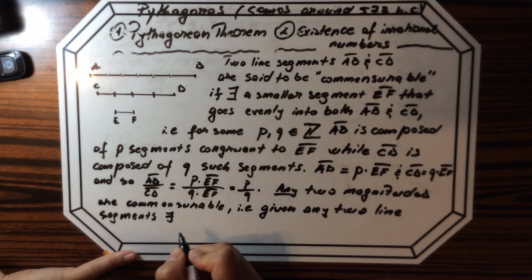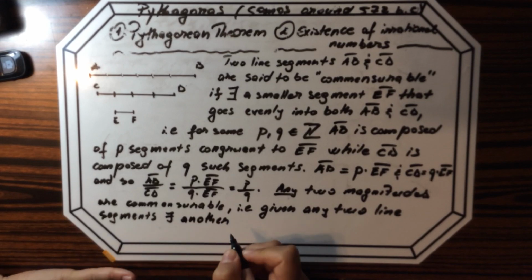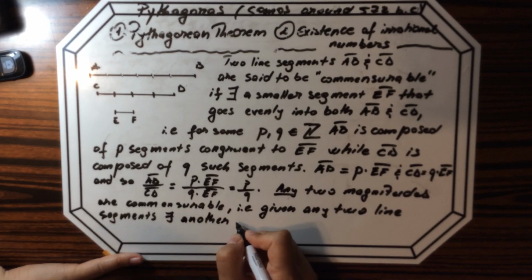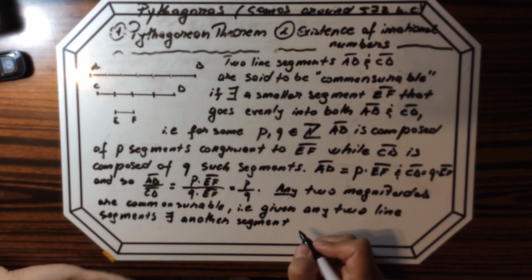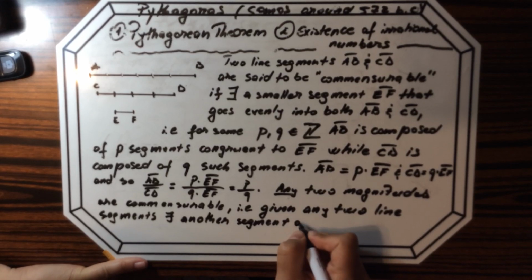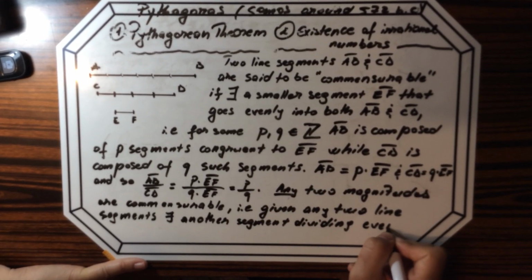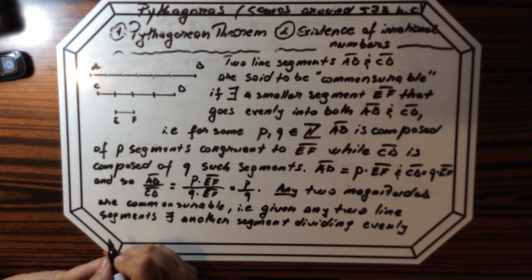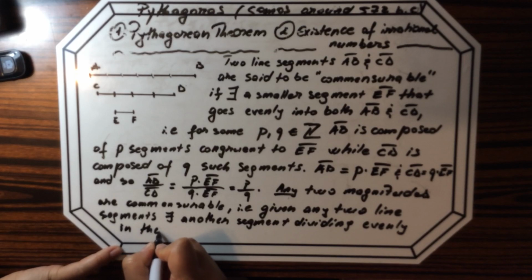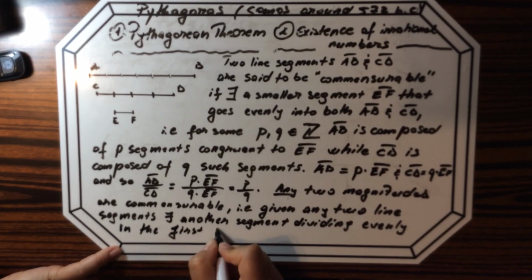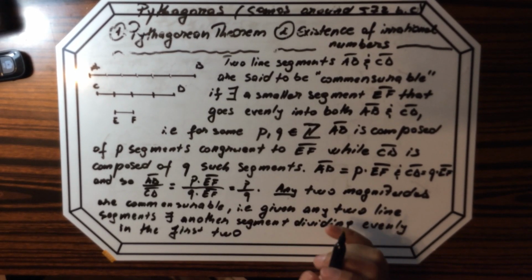There exists another segment dividing evenly into both of the first two. So that is the concept of commensurable quantity or length.